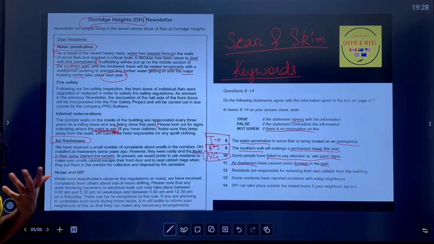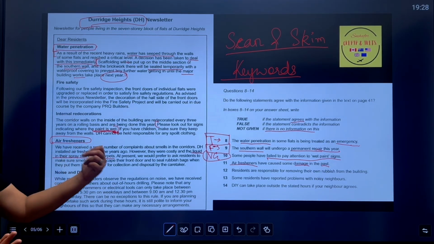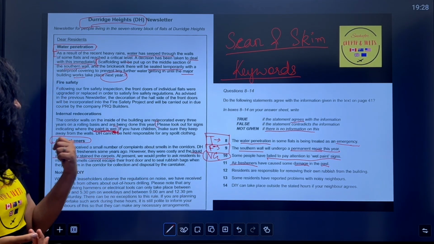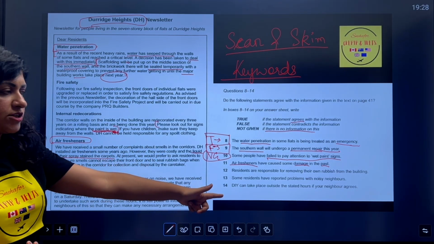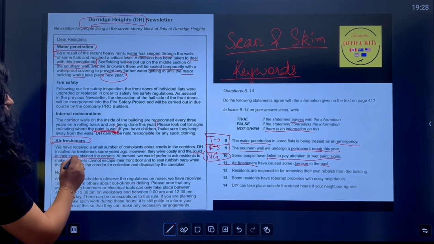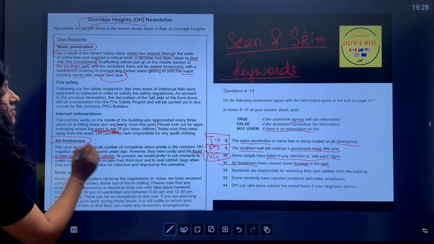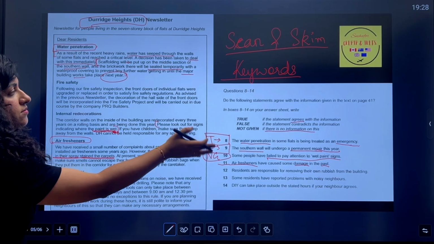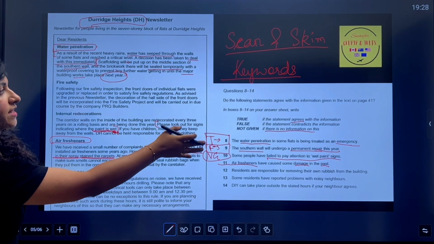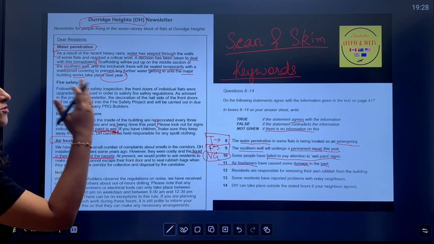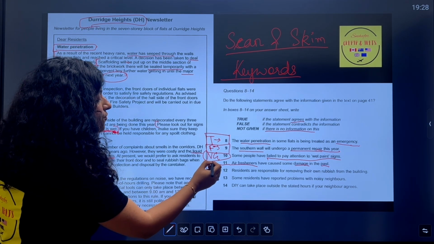Staining the carpet, damage. It's talking about past. And what caused the damage? Liquid in the spray of air freshener. So this information and this information, they have the same meaning. Again, it's paraphrasing. But what the question says and what the text says remains essentially the same. So here my answer is going to be true again.